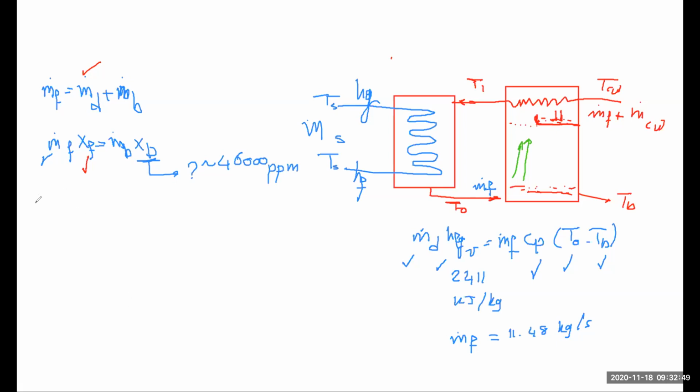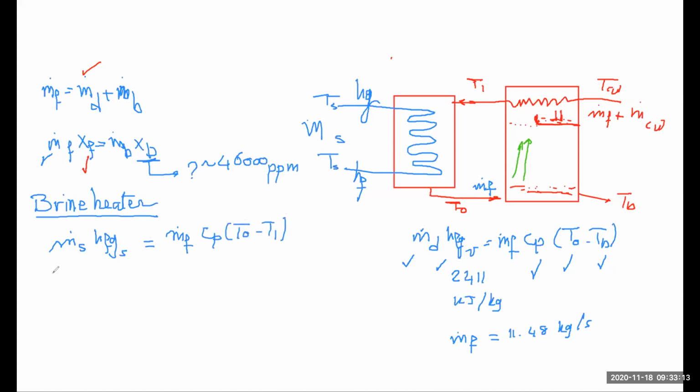So if you go to the brine heater, what happens in the brine heater? We have steam coming, it will condense, and it will condense to heat the seawater, the feed water, from T1 to T naught. M dot steam is not known. Hfg of steam, you can obtain from the tables or from EES as 2256 kilojoules per kilogram.